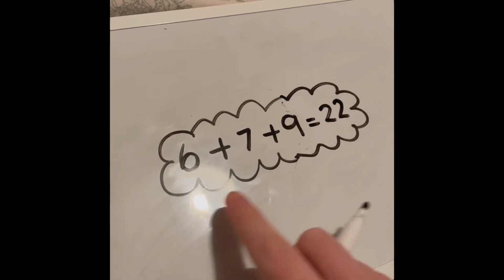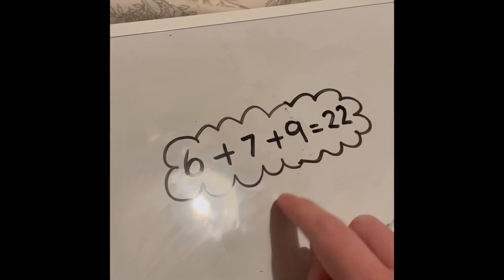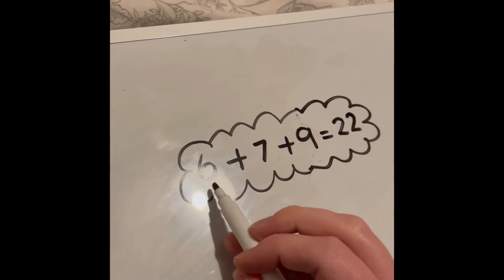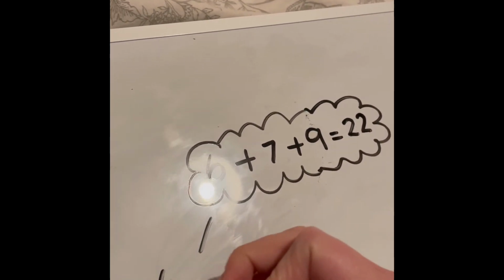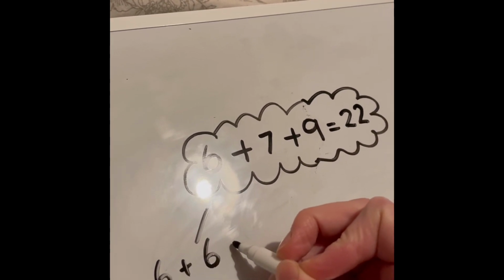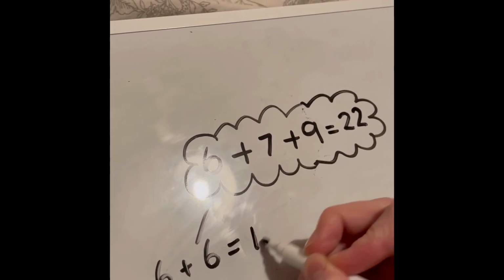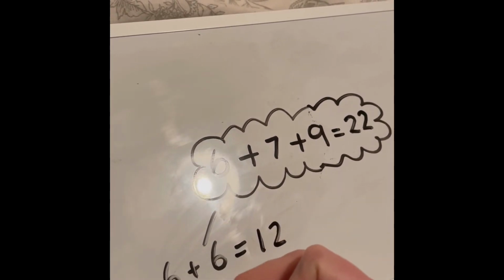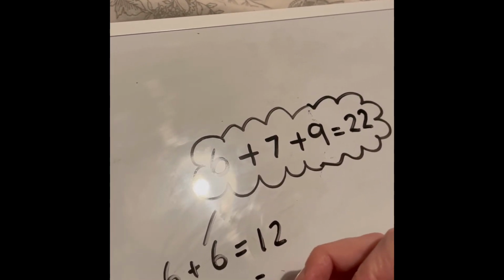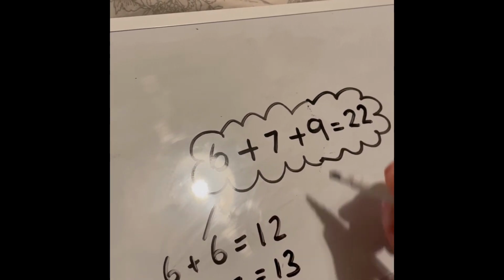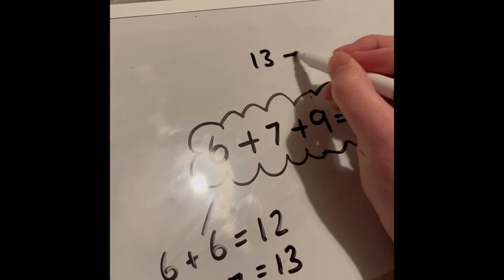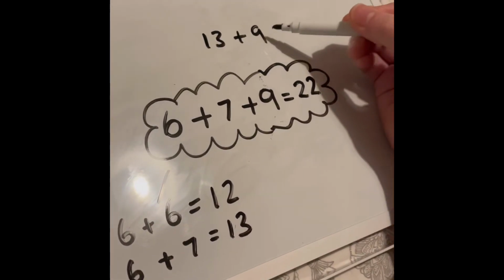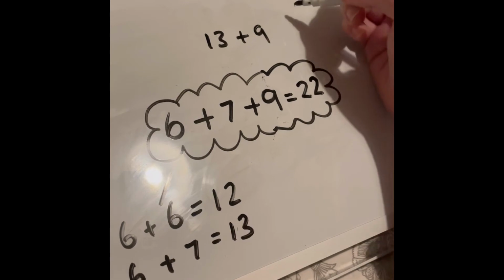But you need to use your number knowledge and what you already know about these numbers to work out that answer. So if you know that 6 add 6, that's your doubles and you've been working on your doubles. If you know that 6 add 6 is 12, you can use that knowledge to work out that 6 add 7 is 13. So then you're adding 13 add 9 to find the total. And if you know how to add 10, you could add 10 first.